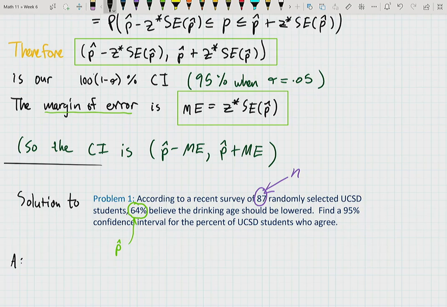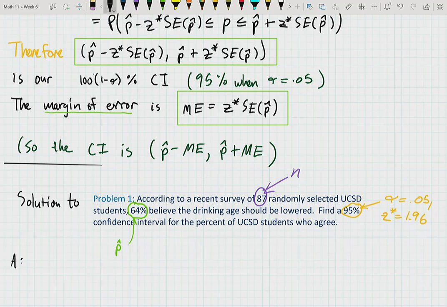So using those numbers, since we're doing a 95% confidence interval, that means alpha is equal to 0.05. And as just discussed, Z star is 1.96.